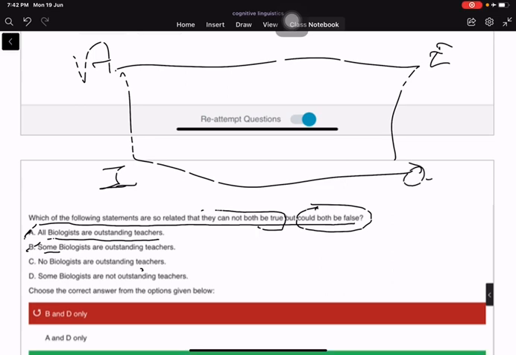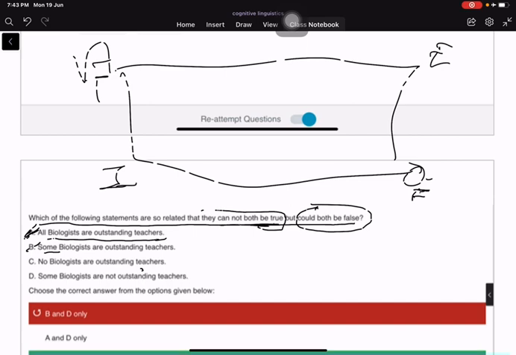The O proposition is going to be false, if this were one of the correct options. So all biologists are outstanding teachers, and some biologists are not. If this is true, it will make this false.